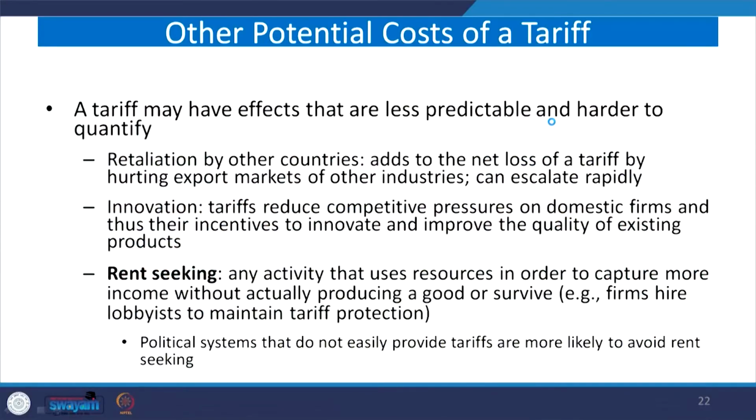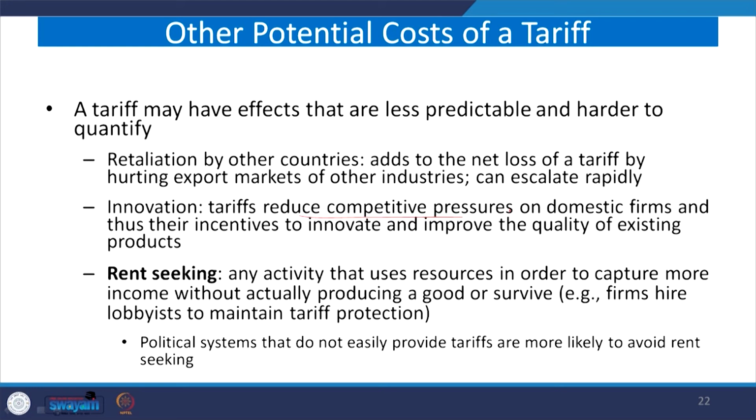So, tariff rates are highly likely to escalate. There are also innovation-related impacts. Tariffs reduce competitive pressures, because we restrict movements, so domestic firms' incentives to innovate are hampered.